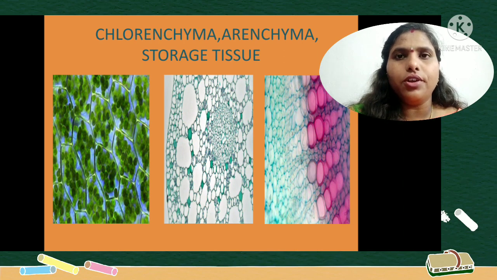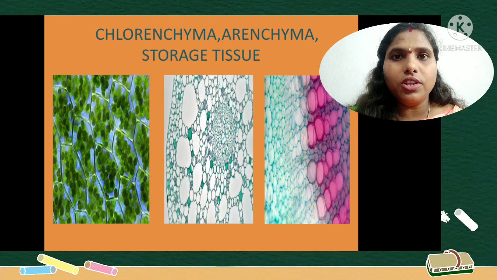Next we are going to talk about aerenchyma. Here air spaces are there, which are very helpful for plants to float on water. And the third one is storage tissue. This storage tissue is helpful for the storage of food materials.